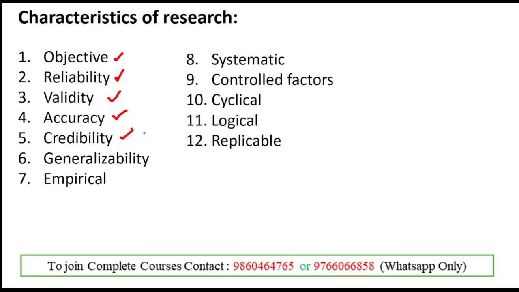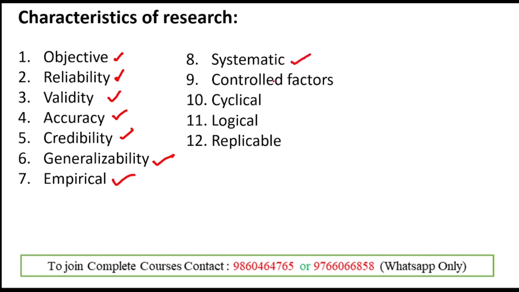Credibility is also needed for research. And generalizability: we do not make a particular opinion, we make a general opinion, and it must include all the single or particular data. And empirical, it must be in an empirical way, not a rational way. Next, systematic: it has a system.